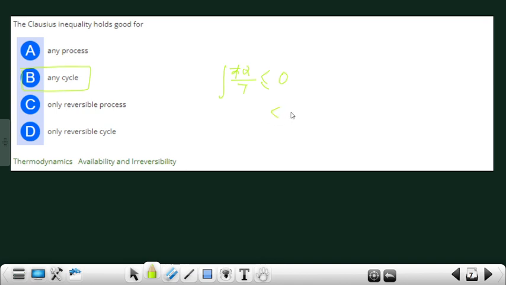When less than 0, irreversible process; equal to 0, reversible process; greater than 0, impossible. This is a cycle integration, that means it represents a cycle.